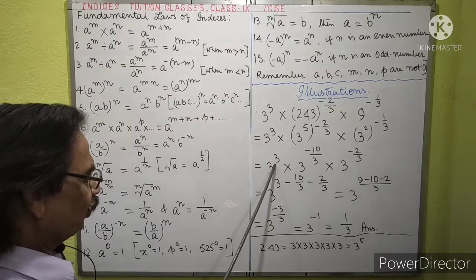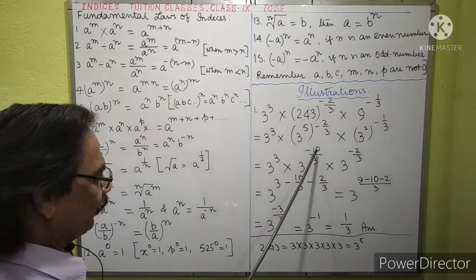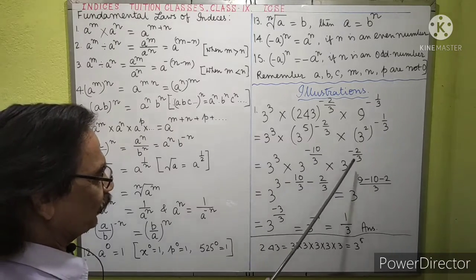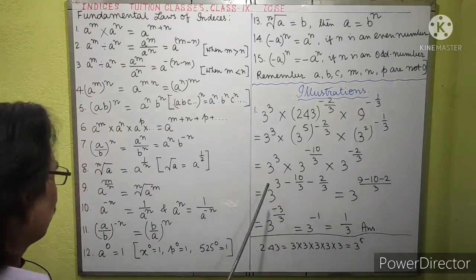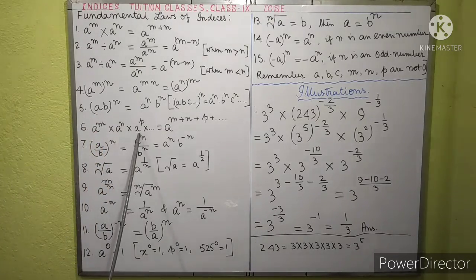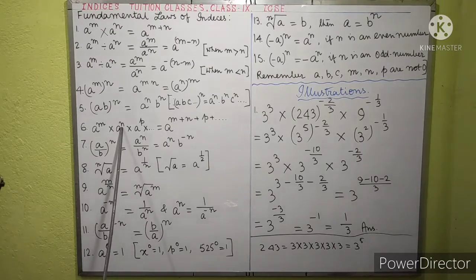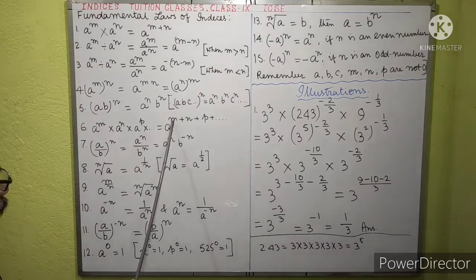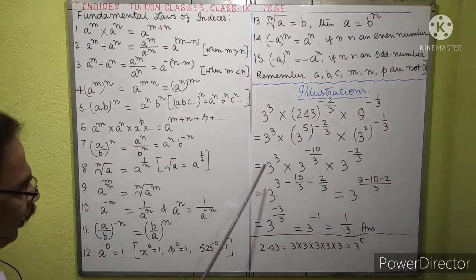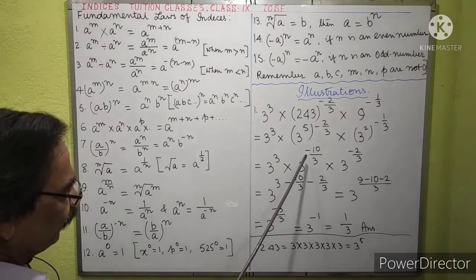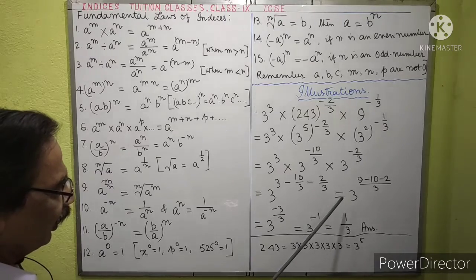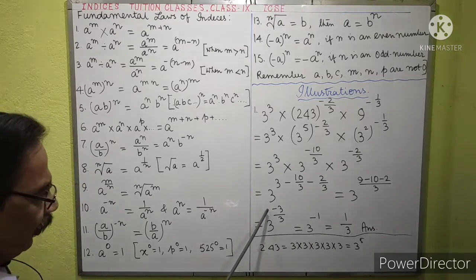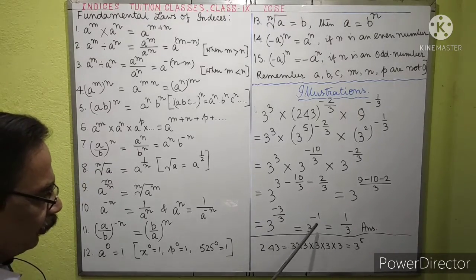So it is 3 to the power 3 into 3 to the power minus 10 by 3 into 3 to the power minus 2 by 3. According to formula number 6, a to the power m into a to the power n into a to the power p equal to a to the power m plus n plus p, this equals 3 to the power 3 minus 10 by 3 minus 2 by 3, that is 3 to the power minus 3 by 3, that is 3 to the power minus 1.